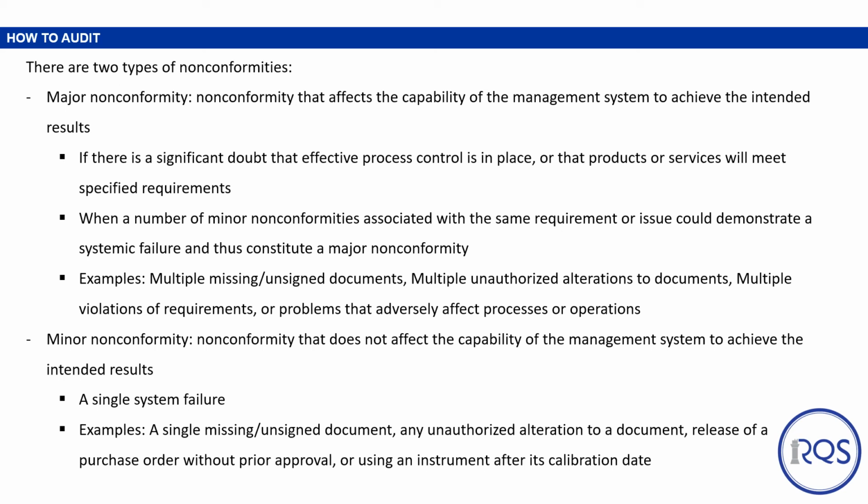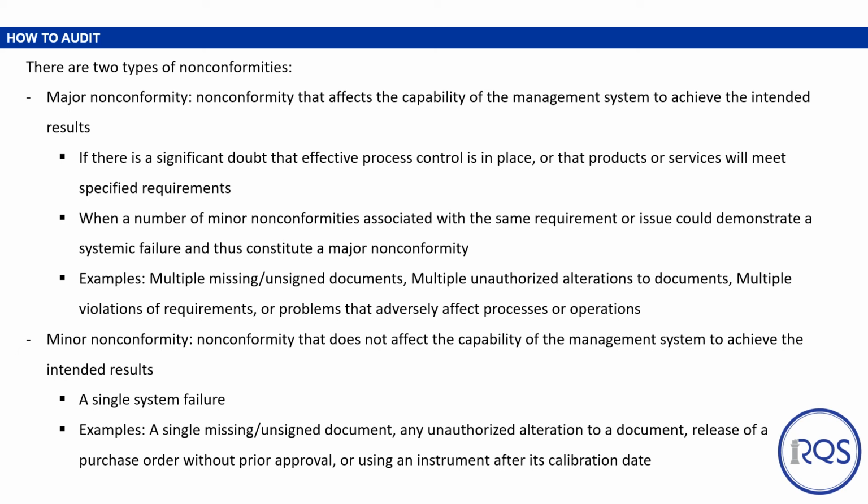When a number of minor nonconformities associated with the same requirement or issue could demonstrate a systemic failure, this could also turn into a major nonconformity. For example, multiple missing or unsigned documents, multiple unauthorized alterations to documents, or multiple violations of requirements, or other problems that adversely affect processes or operations could all be examples of major nonconformities.